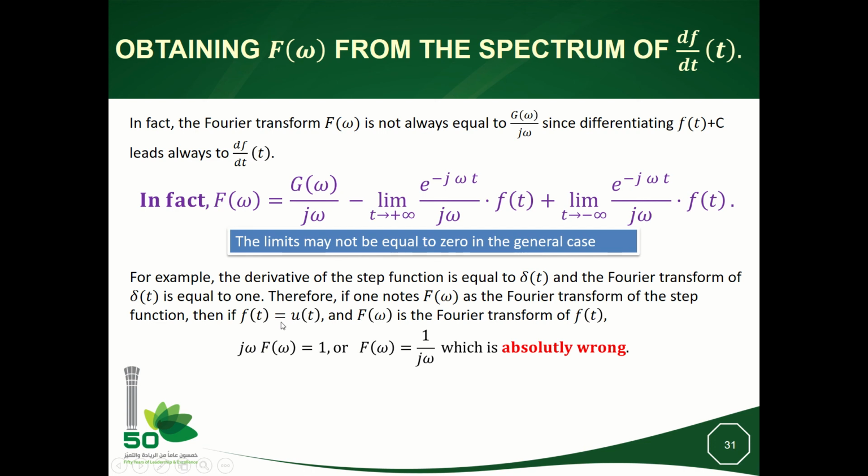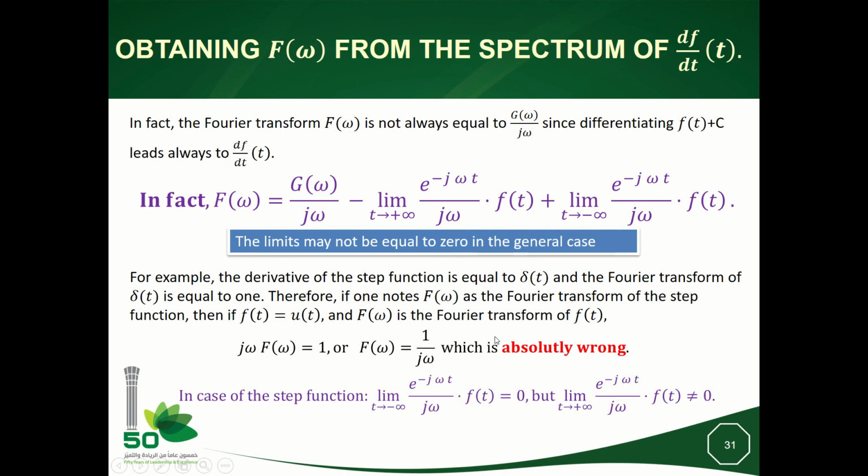Now, if I differentiate f(t) with respect to time, I will get delta of t, which is the Dirac, and its Fourier transform is equal to 1. Now, if I apply the differentiation property of the Fourier transform, I put j omega F of omega equal to 1, which leads to F of omega equal to 1 over j omega, which is absolutely wrong. So I have to add plus k delta of omega.